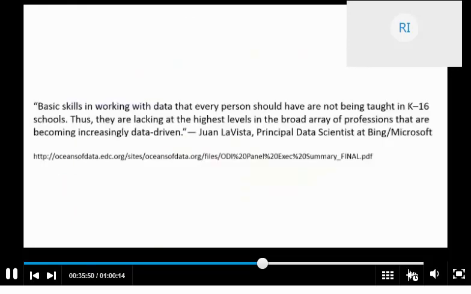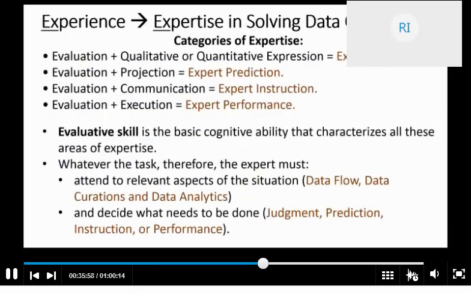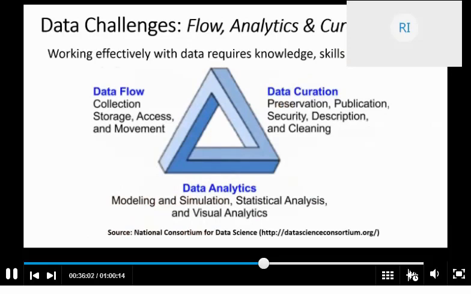We have some theoretical foundations that we follow, looking at it from an expertise approach, guided by the fact that to work effectively with data, students have to know about collection, storage, and access.